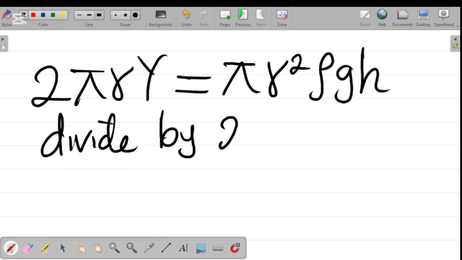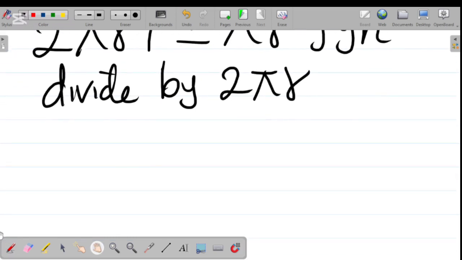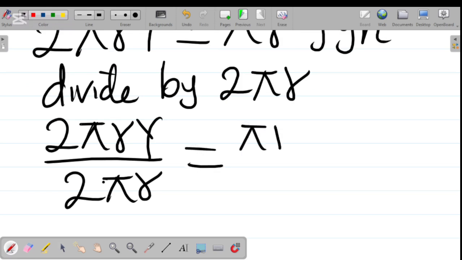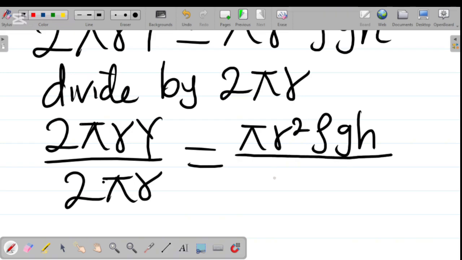If you divide both sides by 2 pi r, you would have 2 pi r gamma divided by 2 pi r is equal to pi r squared rho gh divided by 2 pi r.